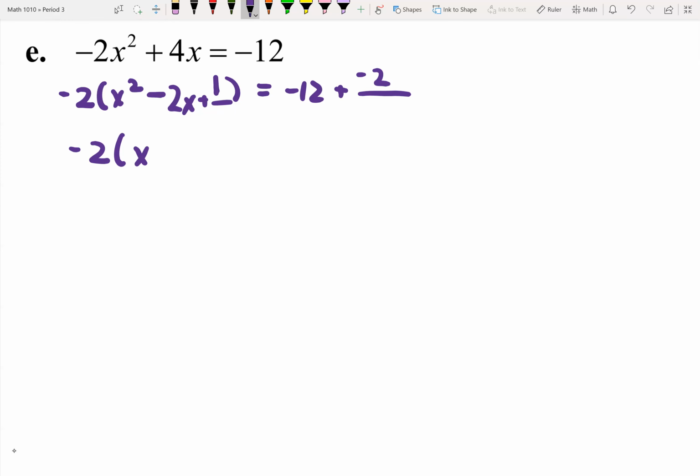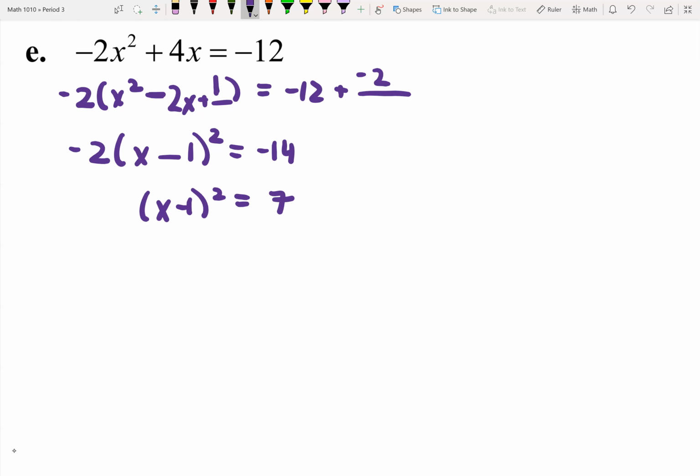You've got your x, signed to negative because the 2x is a negative. Put your 1, close it, square it, equals negative 14. Bailey, what are we going to do now? Now you divide. Do you see that, honey? So now you have x minus 1 squared is equal to 7.